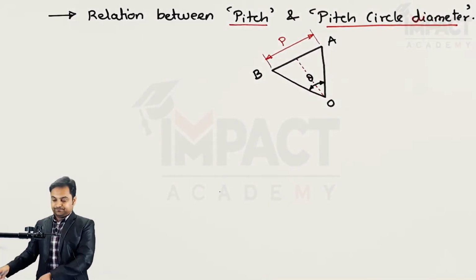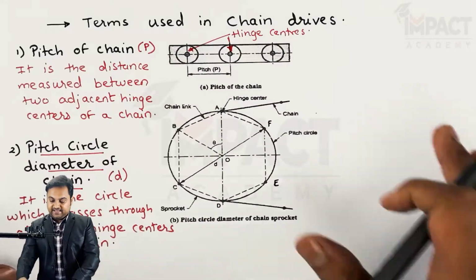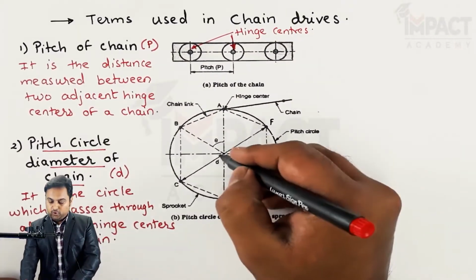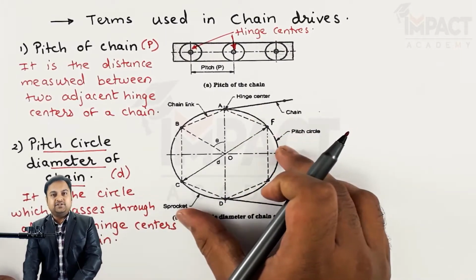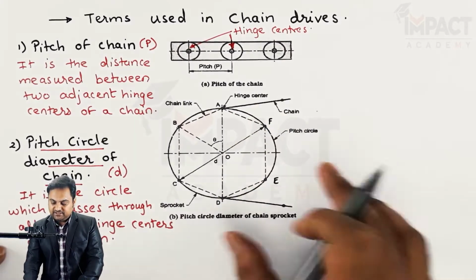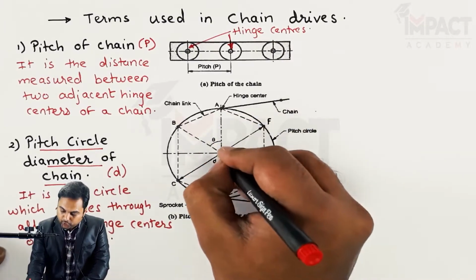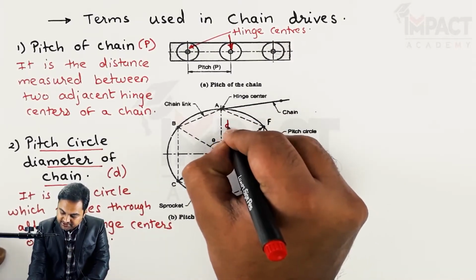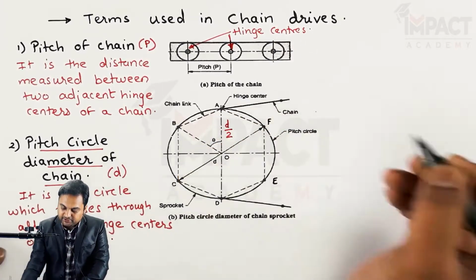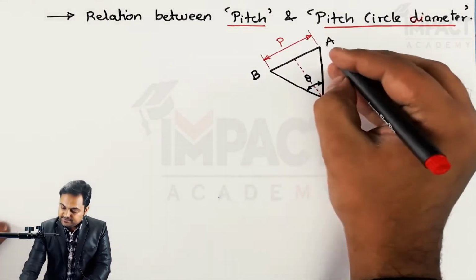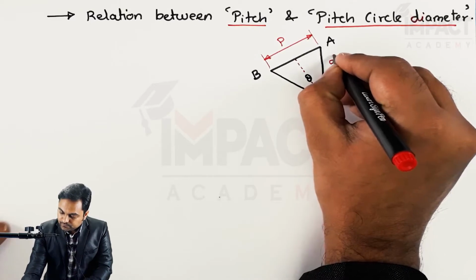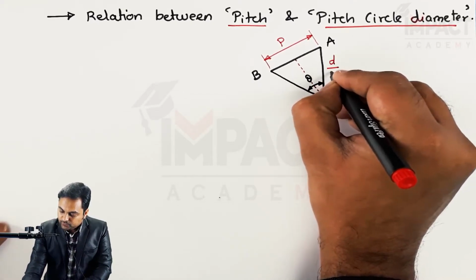Next, from the diagram it is clear that O to A is nothing but the radius of the pitch circle. As the pitch circle diameter is D, so O to A distance would be the radius, which is D by 2. So I'll mark AO as D by 2.